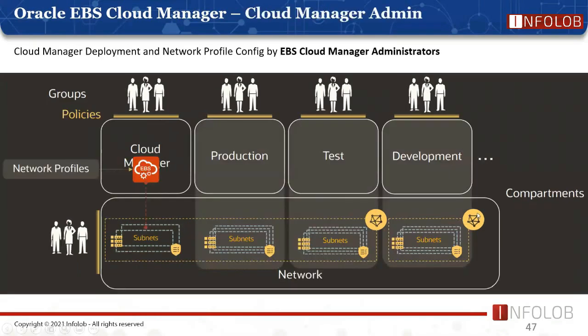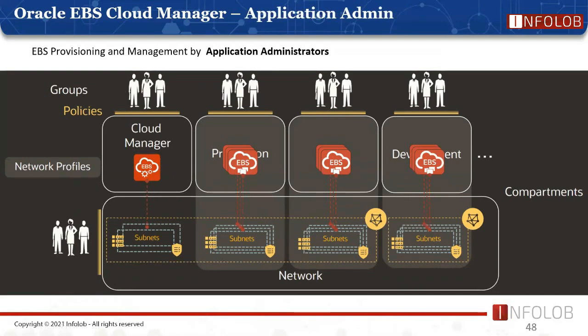And then comes the cloud manager, which runs on a separate VM. We need to launch it, and he decides the administrative aspects of it, and then he provides the roles to the next guys, who are our regular application administrators. They will be launching the EBS environments onto production, test, and development.